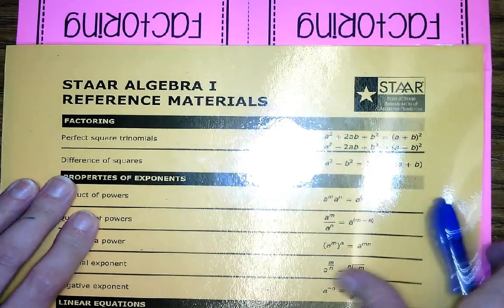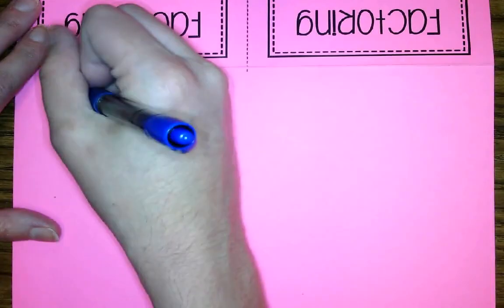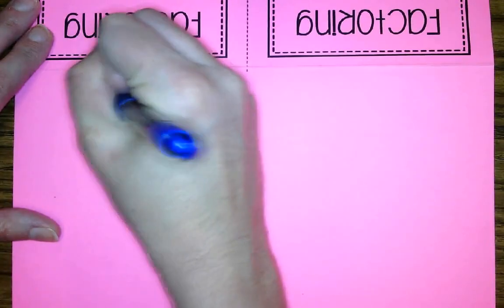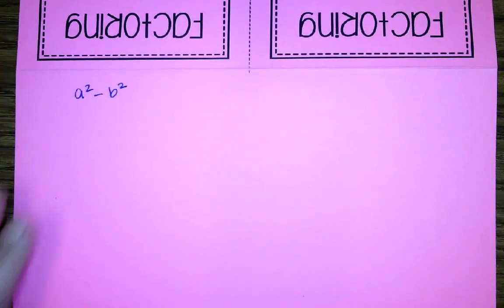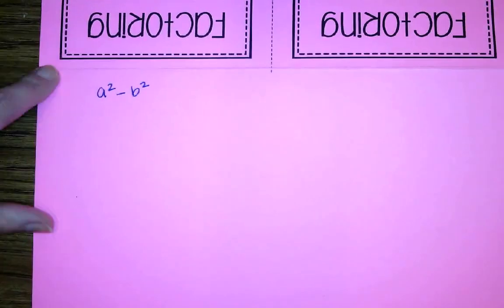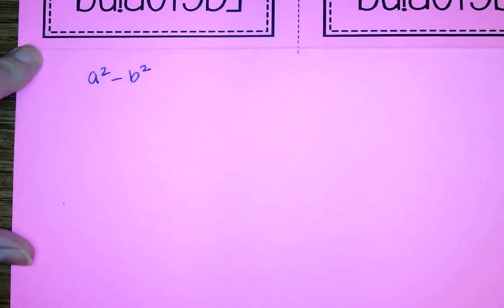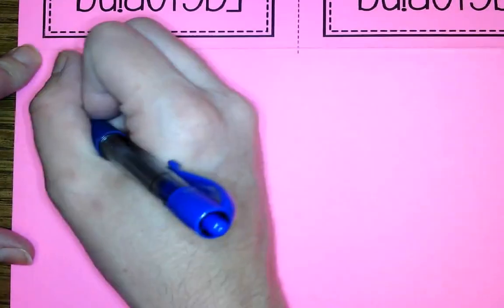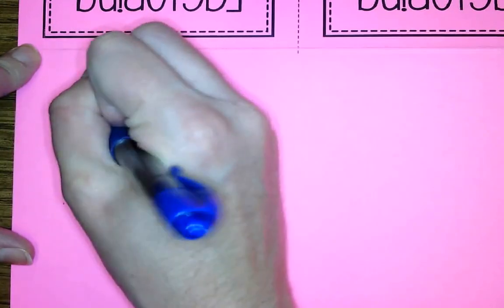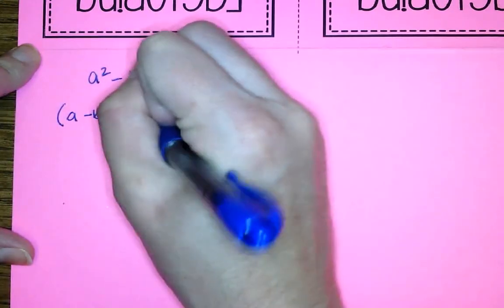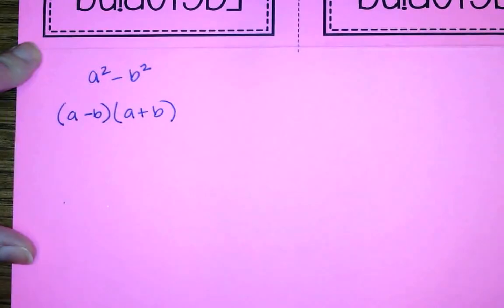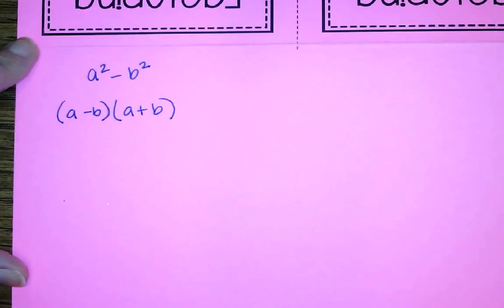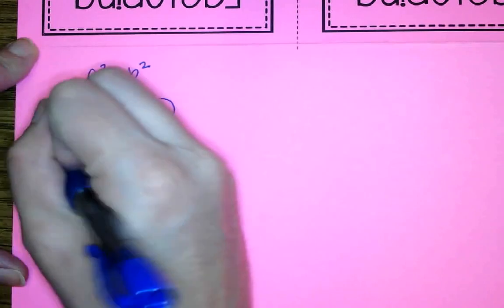We've done a lot of perfect square trinomials, but I don't know if you remember difference of squares. If you have a squared minus b squared, this factors into a minus b times a plus b. The way that looks for something would be if we had x squared minus, does anyone want to give me a perfect square?